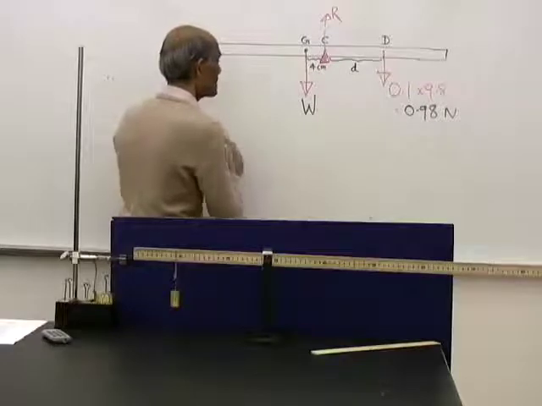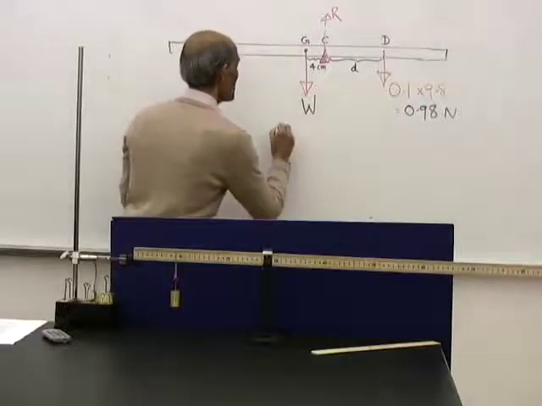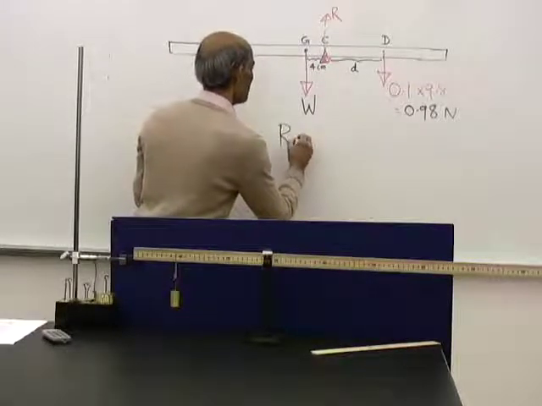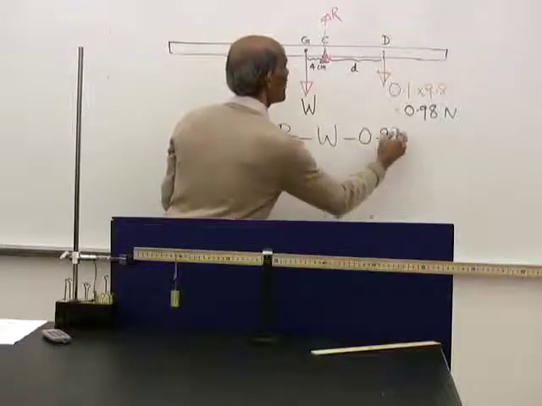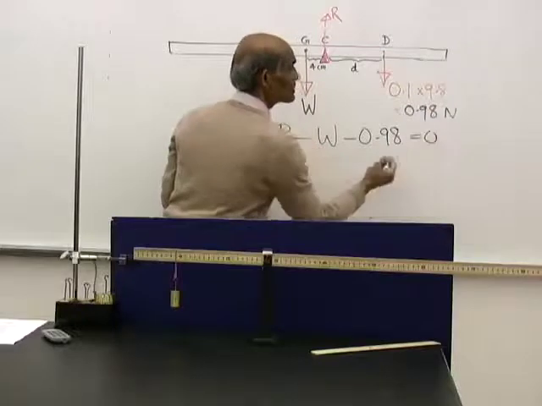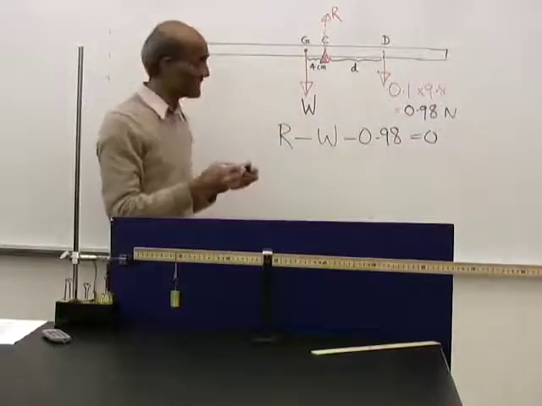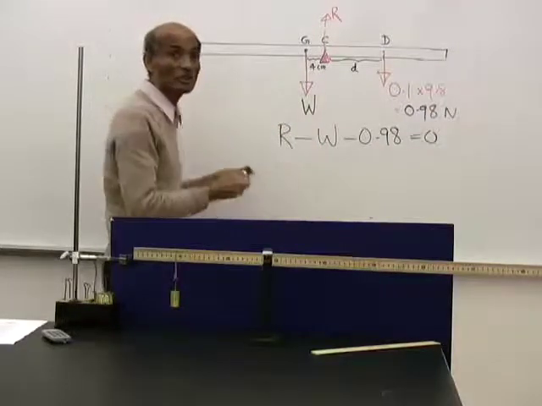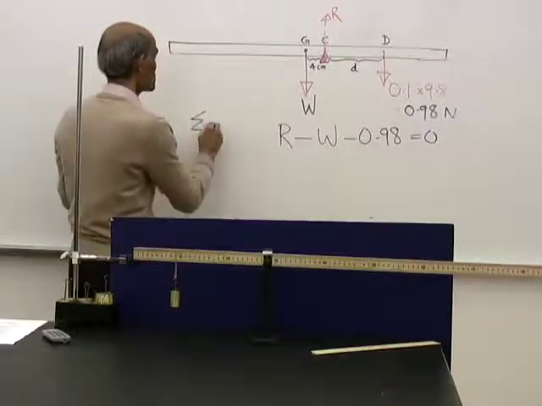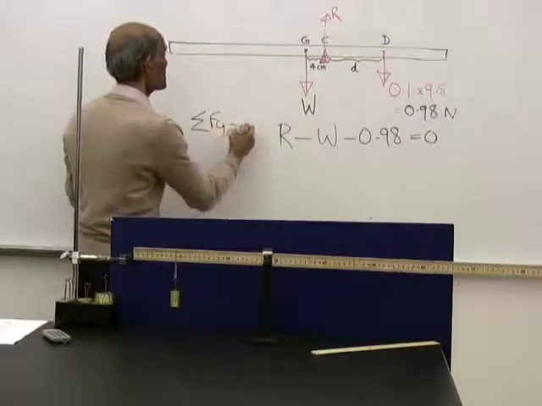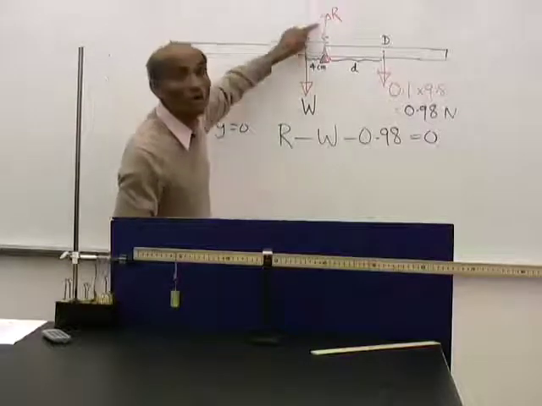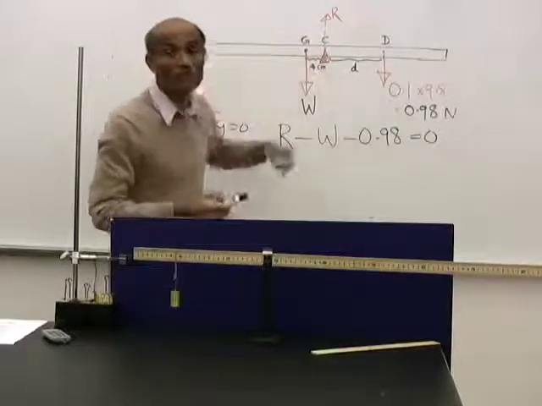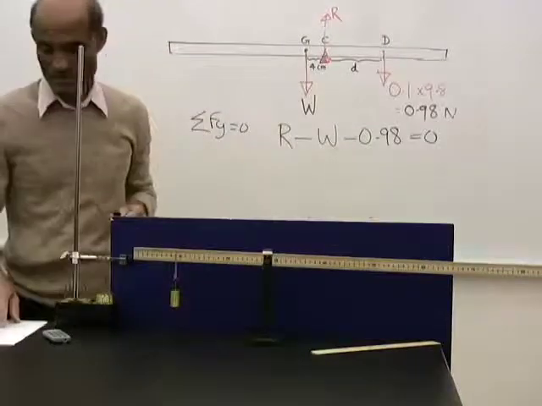Summation Fy equal to 0 gives me R minus W minus 0.98 equal to 0. And that is the equation using summation Fy equal to 0. The upward force is positive, downward forces are negative.